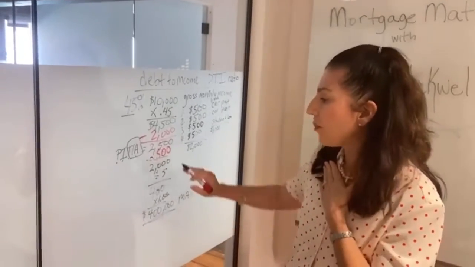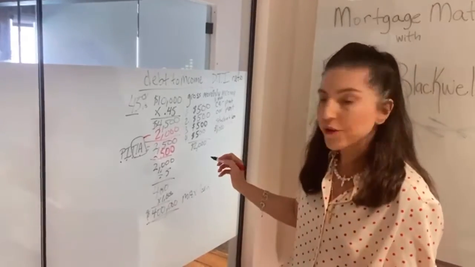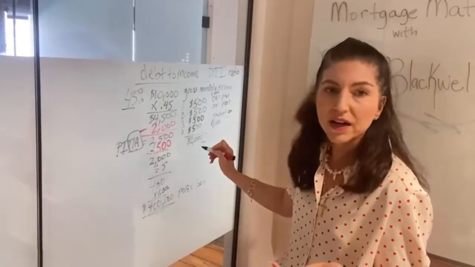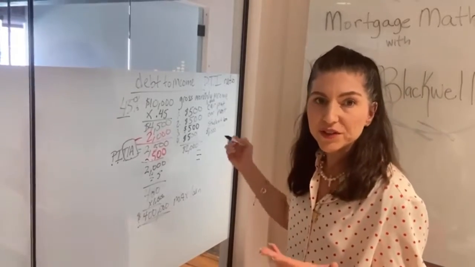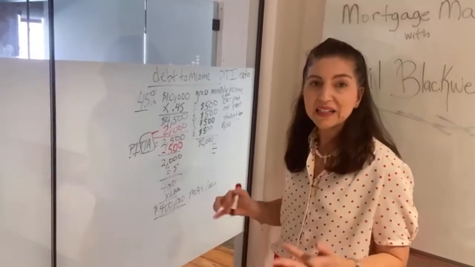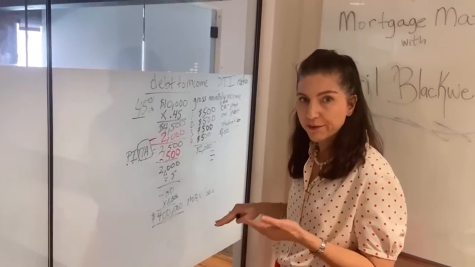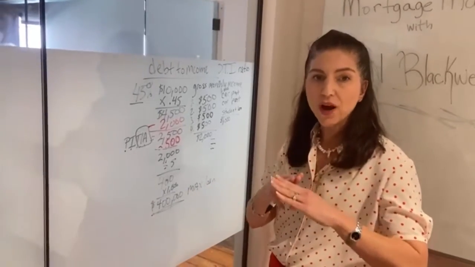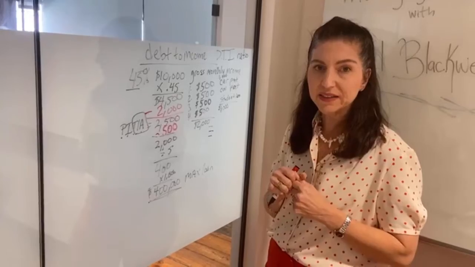You may say, oh my God, I could never pay $2,500 because I have other expenses. I've got daycare, I like to take vacations, I support my family. There's other things that go into that. So don't ever automatically go along with the maximum you qualify for, but use it as a cross-reference for what you can really afford to pay.